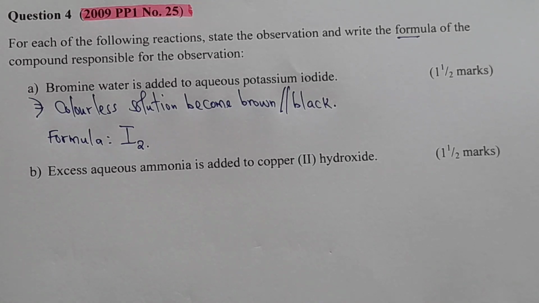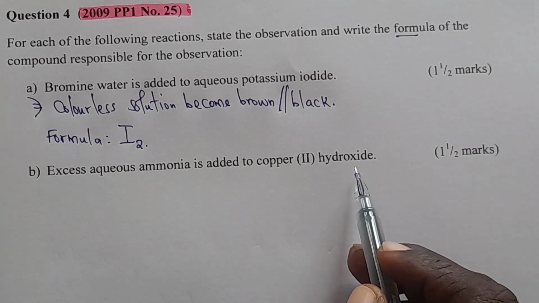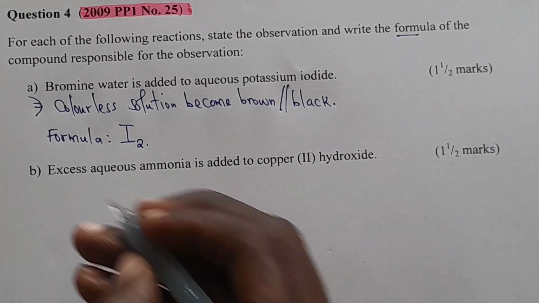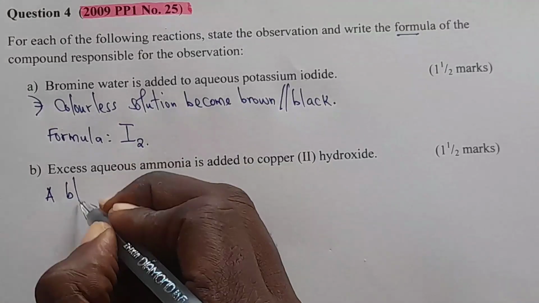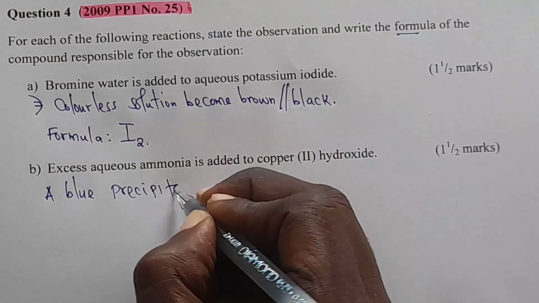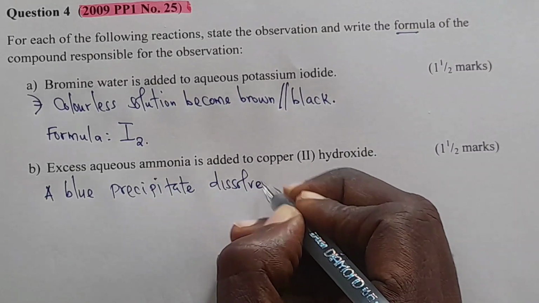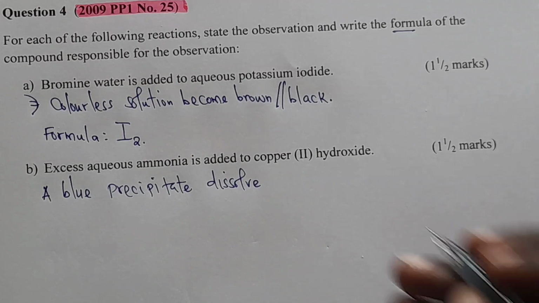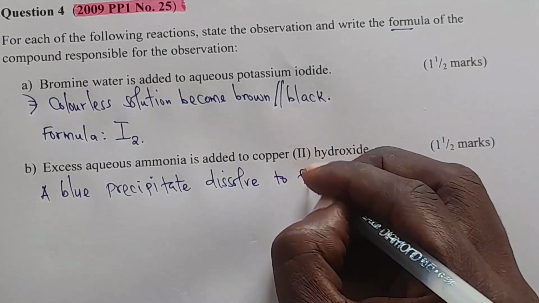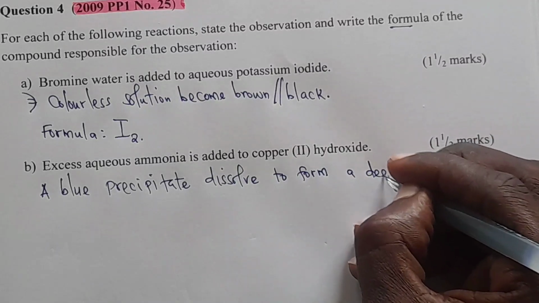That is tetraamine copper 2 ions. The color of copper 2 hydroxide is a blue precipitate. So the blue precipitate dissolves in excess ammonia to form a deep blue solution.